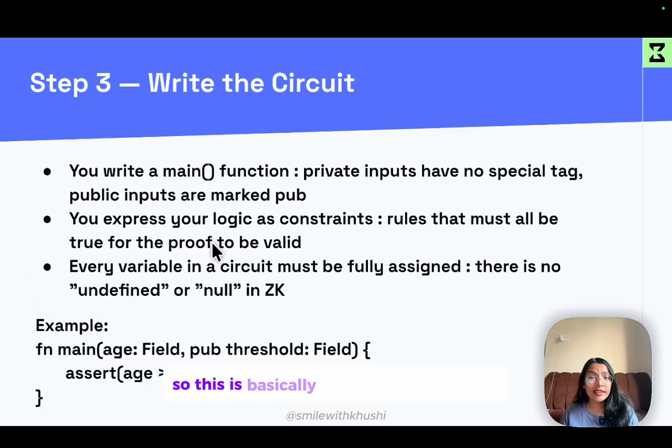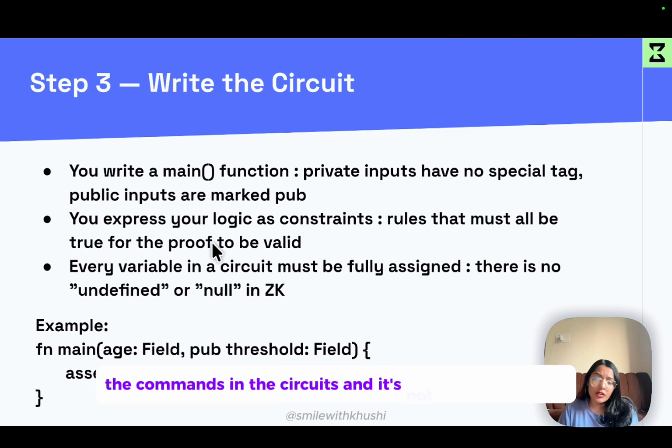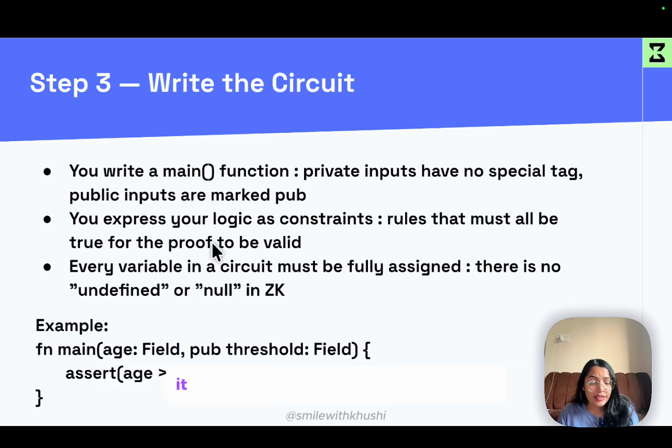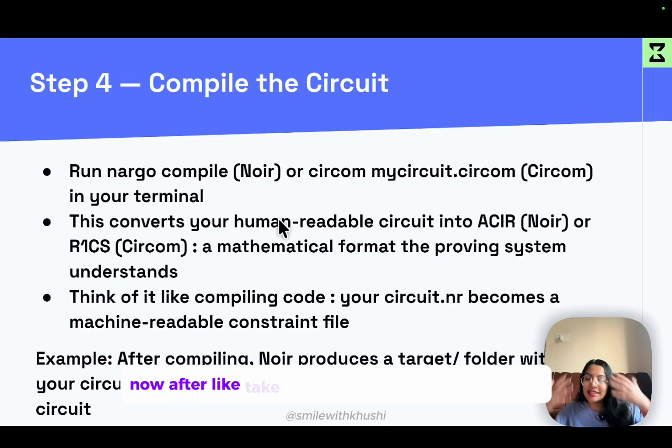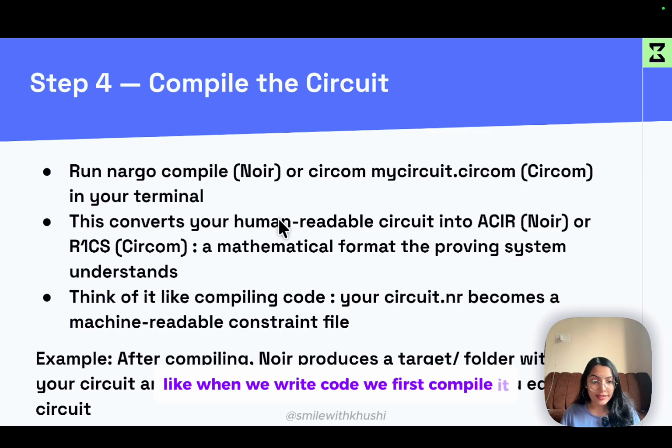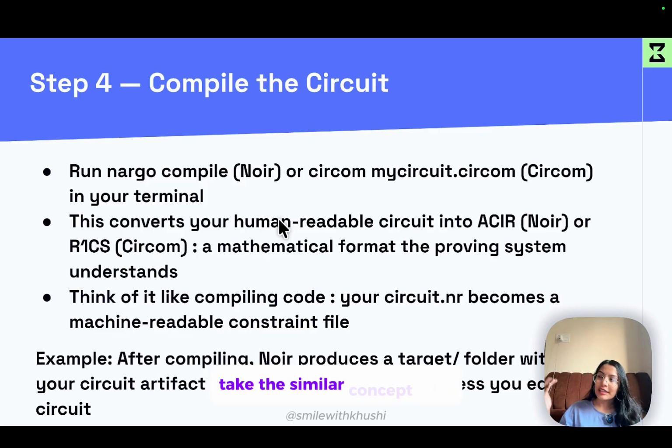So this is basically how you can write the commands in the circuits, and it's not just limited to age, it can be for various other things as well. Now, take an example of C++ as a language. When we write code, we first compile it, right, to check if it has any syntax or logical errors? And when we enter the inputs, we can find any runtime errors. Take a similar concept here.